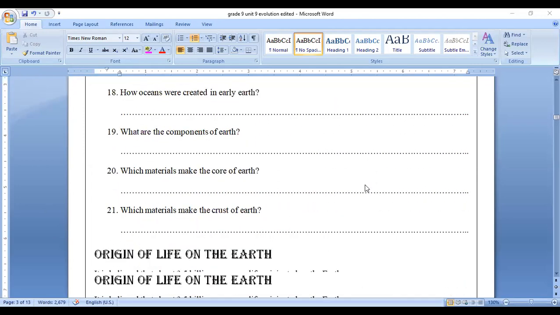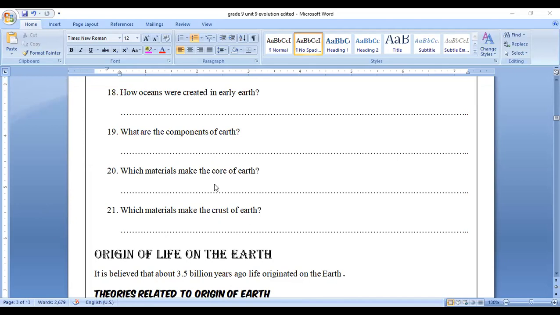19, 20, 21st questions are there. What are the components of Earth? If you take the Earth, there are three components. One we call core, correct? Other one we call crust. Other one we call atmosphere.